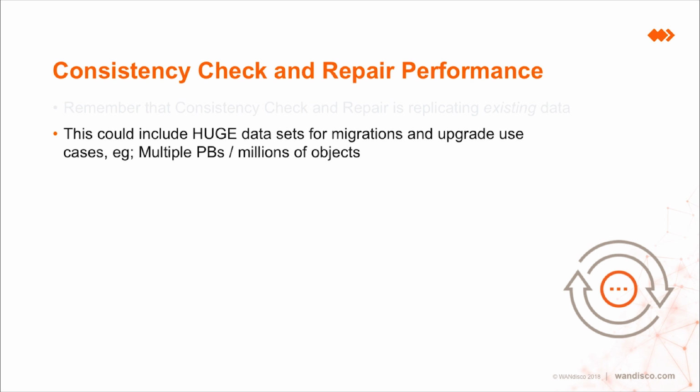This could include huge data sets for migration and upgrades, and that could be multiple petabytes, millions of objects. So be real careful if you're using the consistency check and repair for a migration. If you're, for example, migrating 50 terabytes of data, that could take a long time. It could take a day or two.